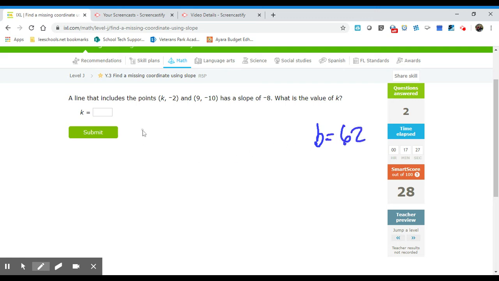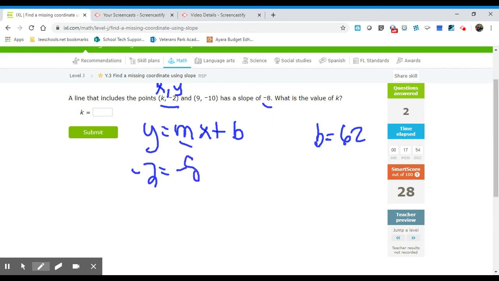So let's do this again. y equals mx plus b, but this time we're going to use this other point. Remember, x is k, y is -2. We don't know what our x value is, but we do know our y value, so I can plug in -2 for y. I know my slope, that's -8.